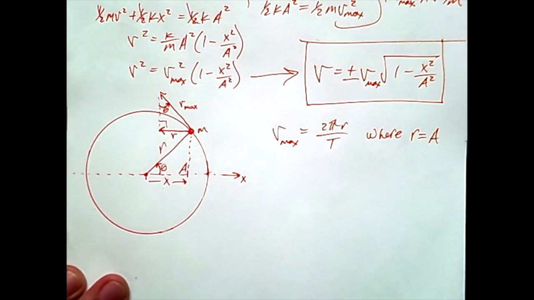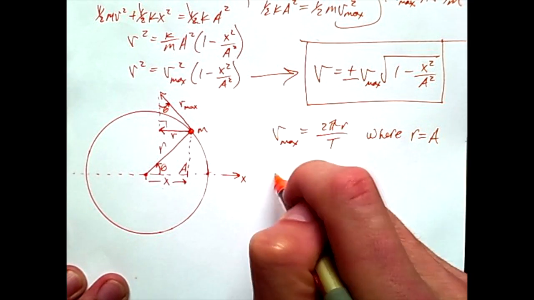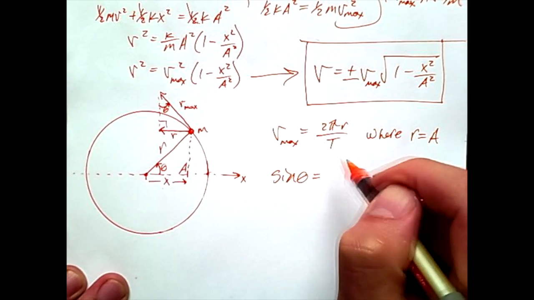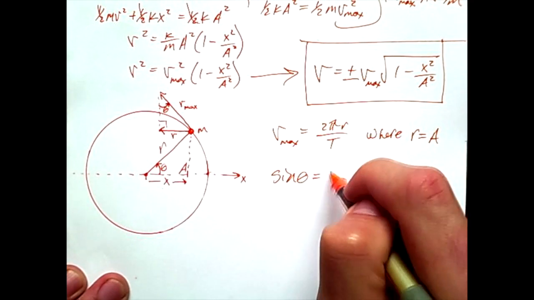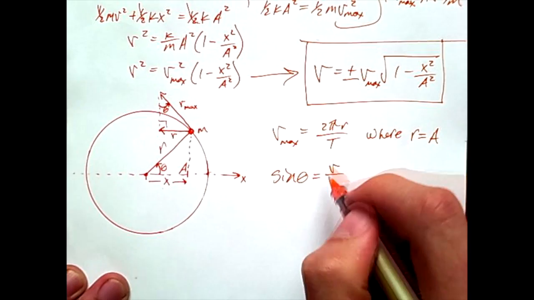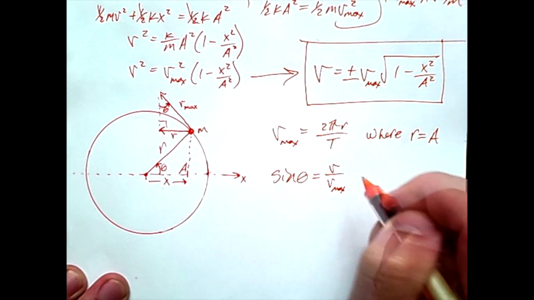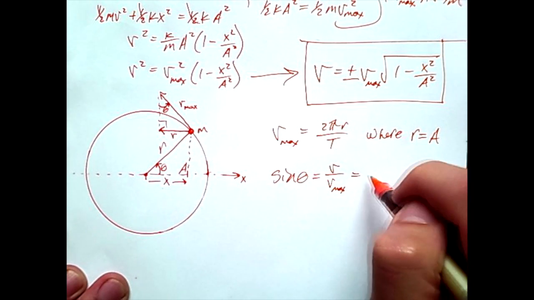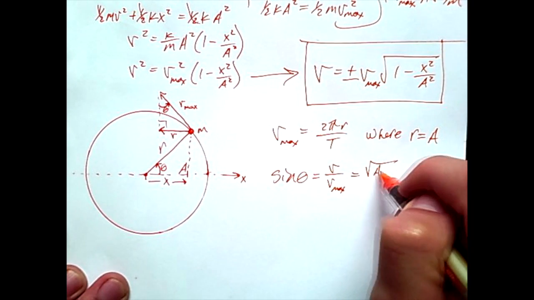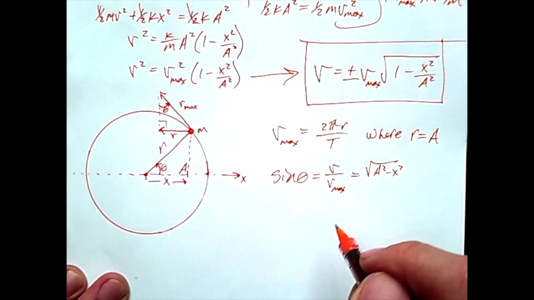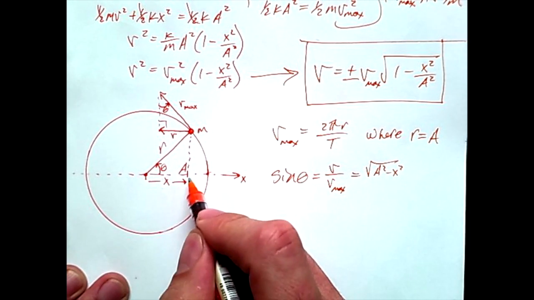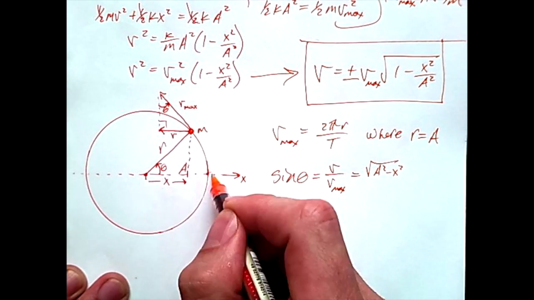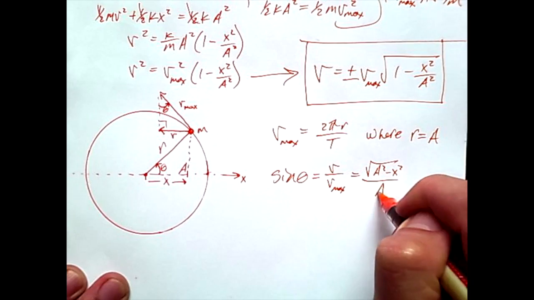And so what that allows us to say is that the sine of theta is both equal to the opposite velocity over the hypotenuse V max, but also equal to the opposite here, which is simply the square root of a squared minus x squared, using the Pythagorean theorem, divided by the hypotenuse, which is the radius, which, remember, is the amplitude of the system, divided by a.